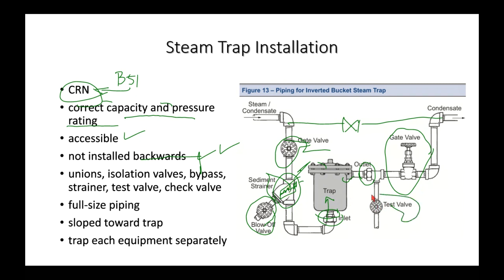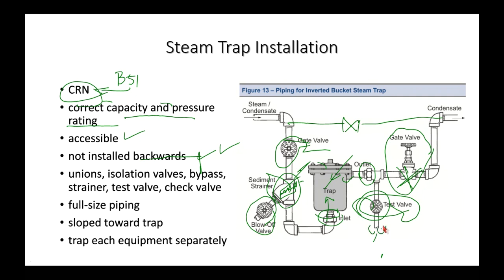And then the last thing in this picture here is this test valve. The nice thing about the test valve is it's a beautiful way of testing the operation of the trap. If the trap is in service, I can shut my discharge gate valve and I can open up this test valve. If I know the discharge characteristics of the trap, then I'll be able to determine if the trap is functioning properly.